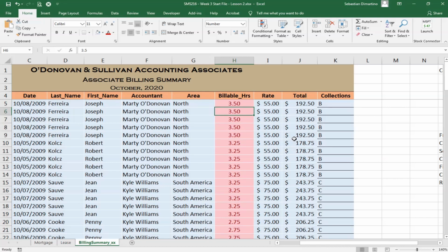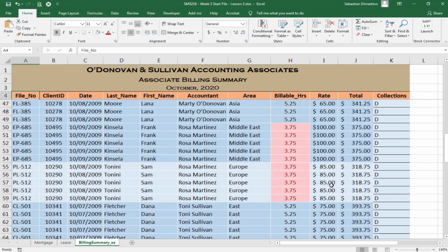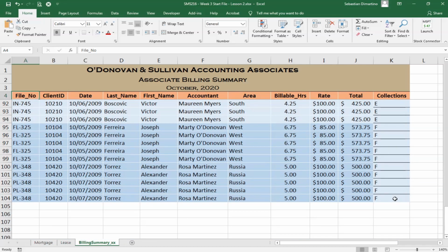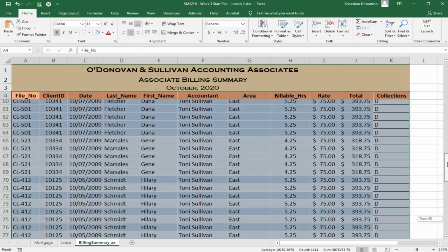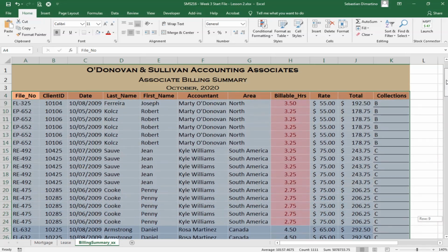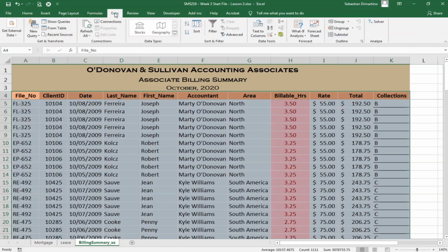Just like we did for our sorting, we need to select from A4 to K104, so the entire data set is selected. Once it's selected, we're going to go to the Data tab at the top and look for the option to remove duplicates.